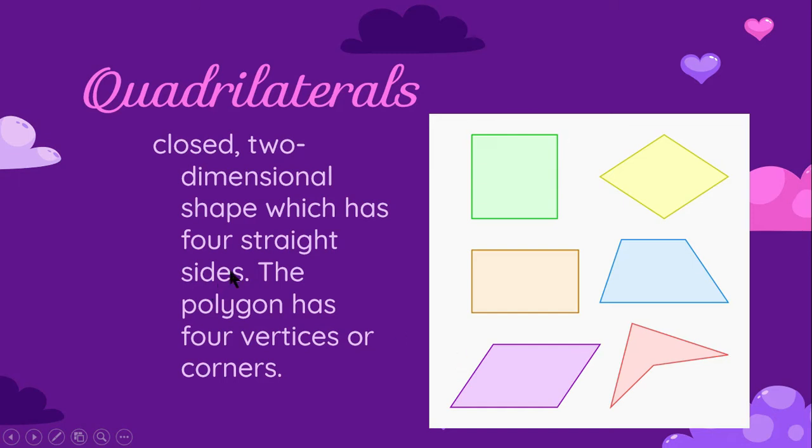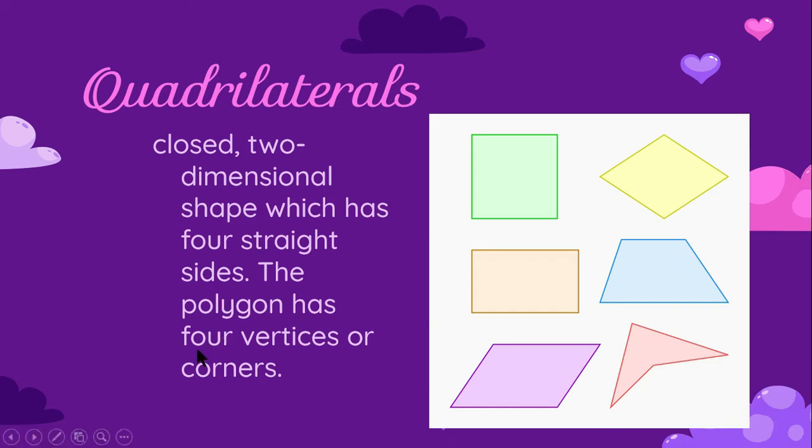The polygon has four vertices. Vertices is the plural of vertex. What is a vertex? It is the intersection of two rays. What do we form if we connect two rays from the vertices? There is an angle there.